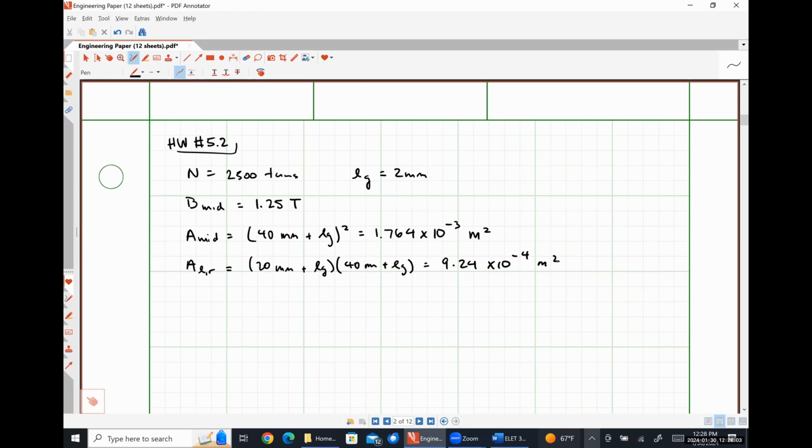All right, so we're trying to find our current. And effectively, it's going to be extremely similar to what we did in the last problem, right? So without doing any lengthy derivation, we know that our coil current I is going to be the flux through the middle leg times the equivalent reluctance seen by the coil, divided by the number of turns in the coil.